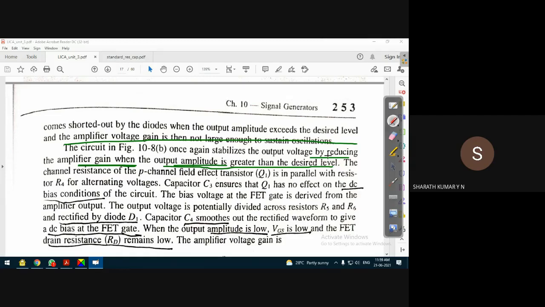Whenever it reaches a particular level, the output amplitude will be reduced by controlling the gain of the amplifier. The channel resistance of the P channel field effect transistor is in parallel with the resistance R4 for alternating voltages.